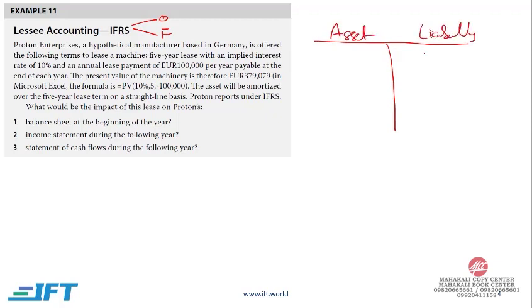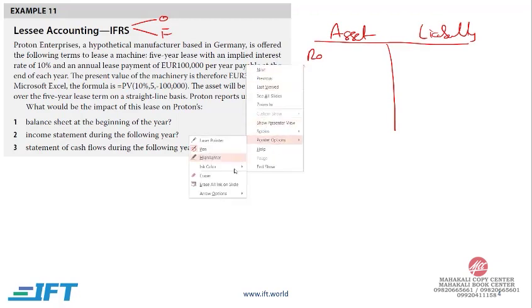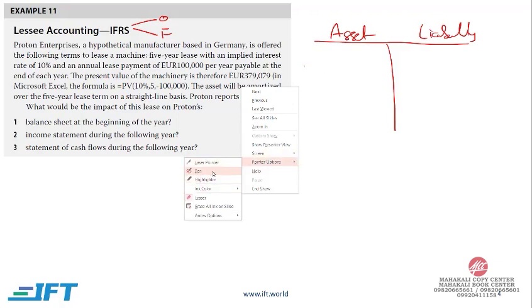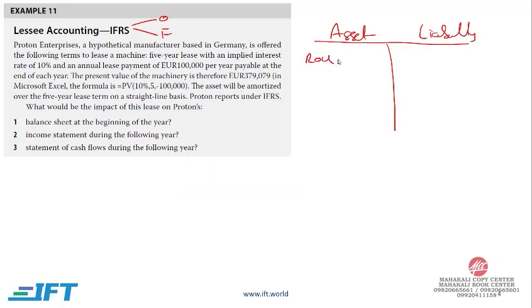Your liability will increase and also your asset will increase. In your asset we'll be writing right of use, ROU, and over here we'll be writing the present value of your liability, or your lease payments.